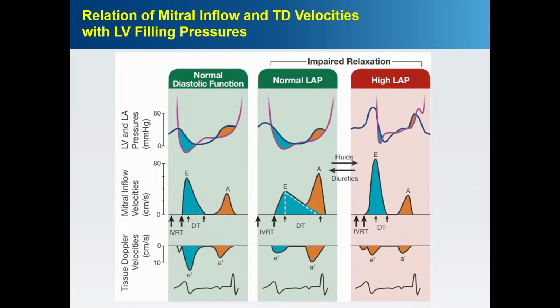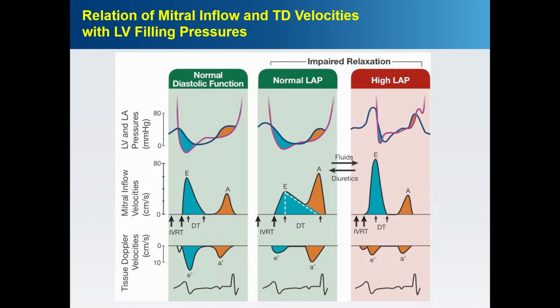With impaired relaxation, left ventricular pressure drops at a slower rate. As a result, the pressure gradient is less, and the E velocity occurs but with a lower value, a slow increase in the velocity and slow decay, so long acceleration and deceleration times, and the atrial contribution to ventricular filling is more.